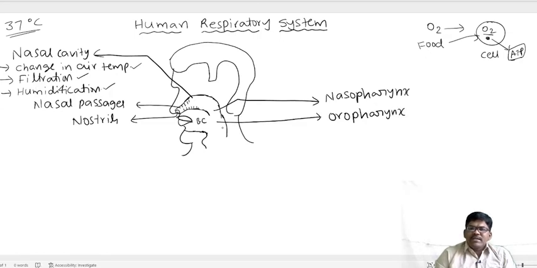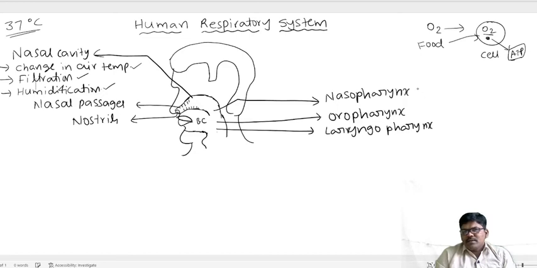The oral cavity opens into the oropharynx. The third part of the pharynx is the laryngopharynx. These three combined form the pharynx.